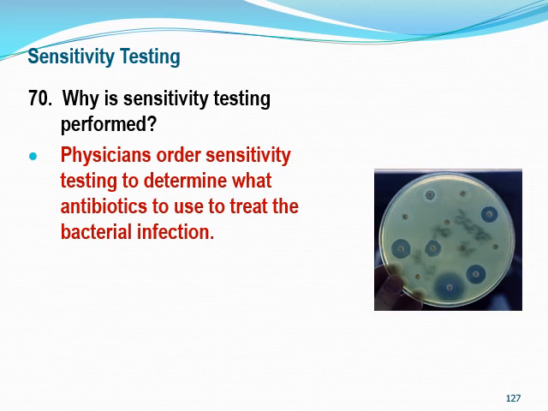But why do we do sensitivity testing? Physicians usually order sensitivity testing to determine what antibiotic to use to treat that bacterial infection. Now, what you'll see sometimes is they'll place them on an antibiotic that is usually the best antibiotic for that. But it's always better, if possible, to do this sensitivity because you can find out.